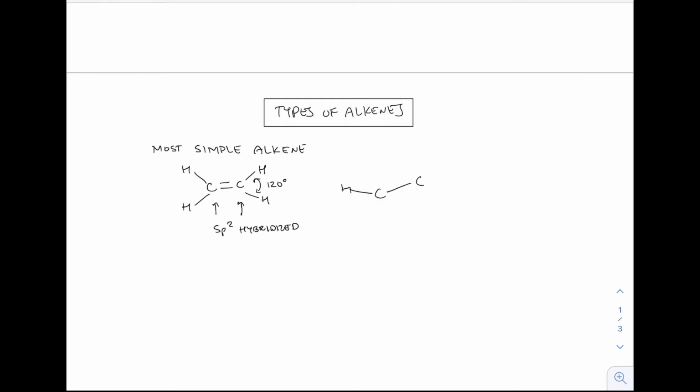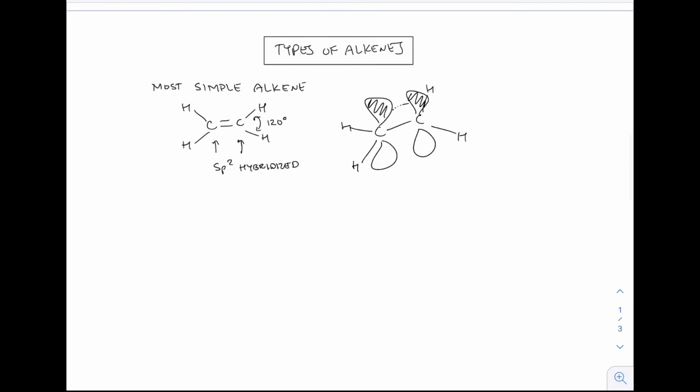We've got an sp2 hybridized carbon, two of them obviously because we have the most basic alkene. 120 degree angles. And then what we want to do is kind of draw out these pi bonds, okay? So bear with me, I'm not technically an artist, so I'll draw these pi bonds. The p orbital is pointed upward, or in a vertical axis, and then we've got those overlapping to create that pi bond, right?